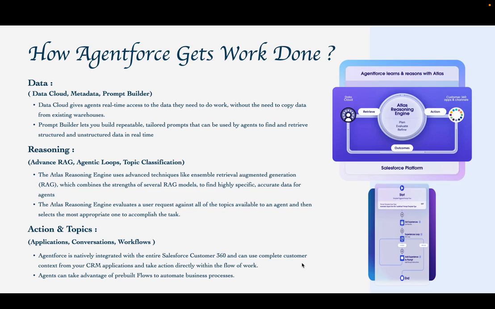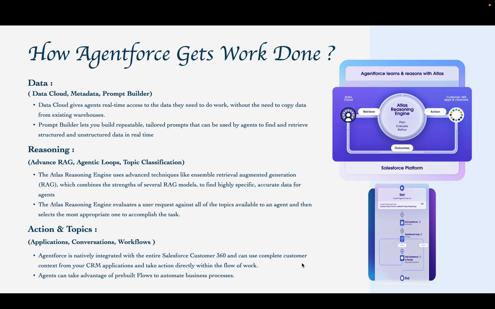The reasoning engine that AgentForce uses is the Atlas Reasoning Engine, and this uses advanced techniques like retrieval augmented generation, which is called RAG, which combines the strength of several RAG models to find highly specific and accurate data for agents, giving them the knowledge they need to respond and act with precision.